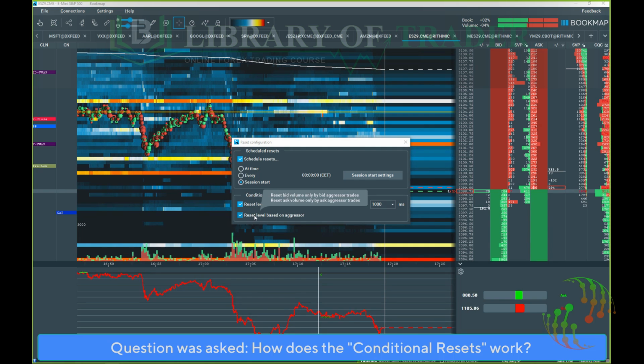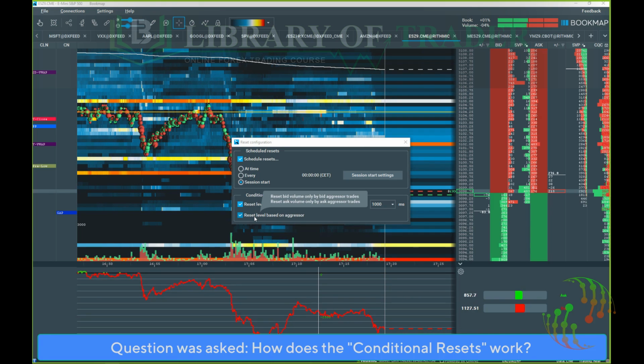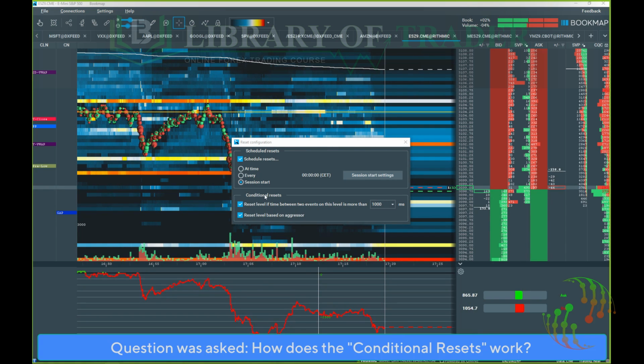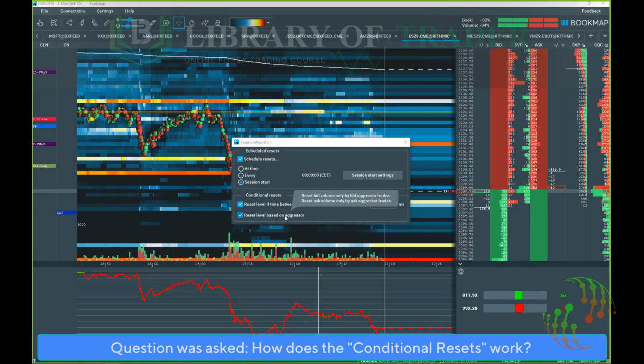That means when the aggressor changes his side from buy to sell, for example, then the condition is true, or the condition resets. So reset level based on aggressor means when the aggressor changes his side.